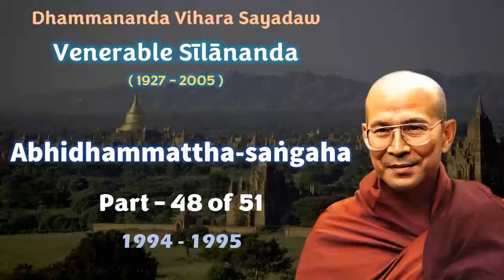So the second one is Nama Panyati. There are 6 kinds of Nama Panyati given in this book, and also in the Tika on Visuddhimagga. And they are first what? Concept of the real.